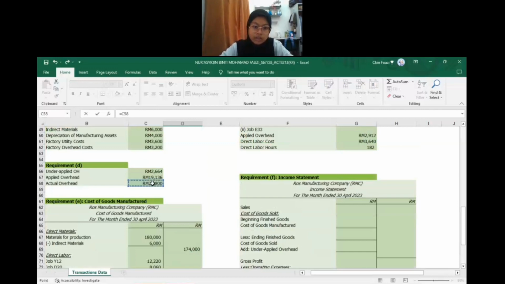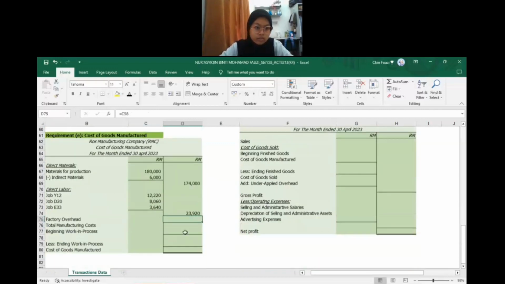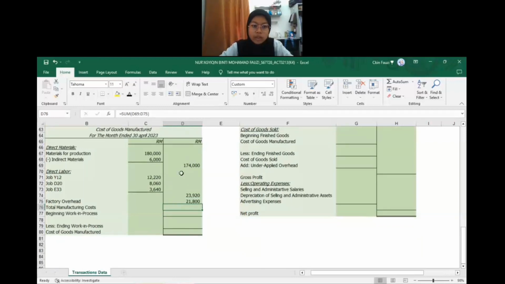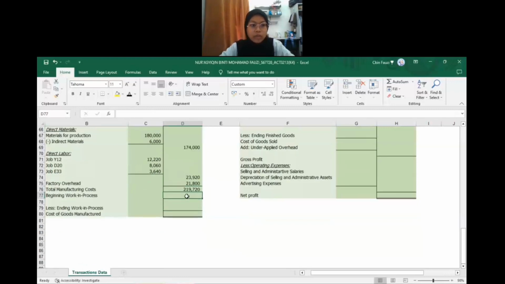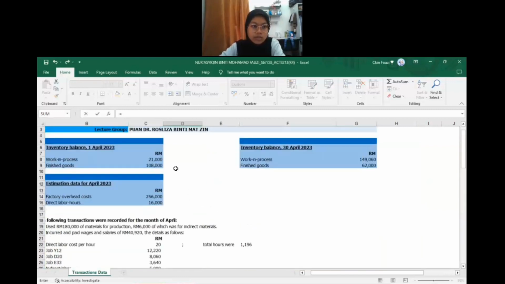Factory overhead, we take the actual overhead, 21,800. We calculate 174,000 for direct materials plus 23,920 for direct labor plus 21,800 for factory overhead. Okay, 290,720. Plus the beginning work in process, question already given, 21,000.